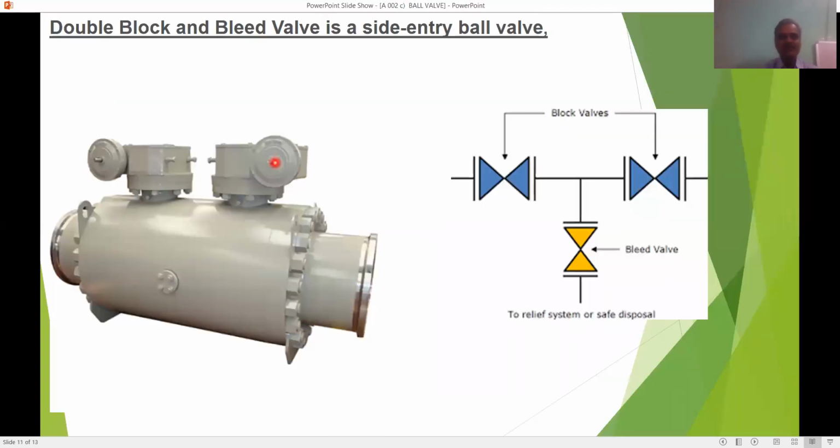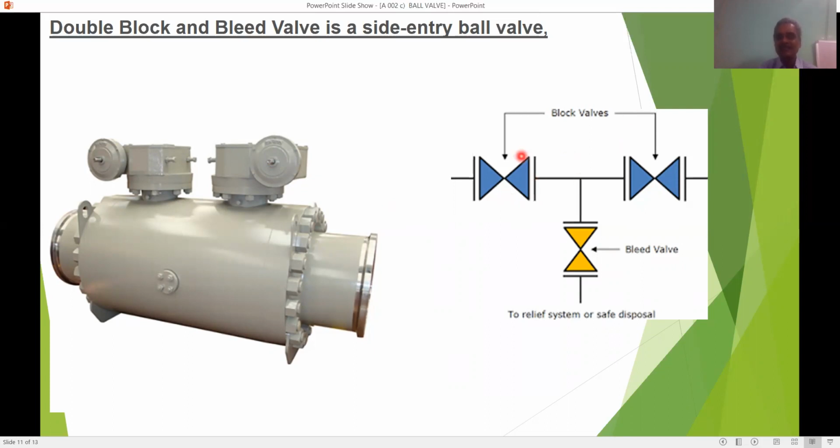This is a double block and bleed valve, a side entry ball valve. We discussed side entry ball valves just a few minutes back. In process lines, near the manifolds or near the entry to the plant, this type of valve is normally used.